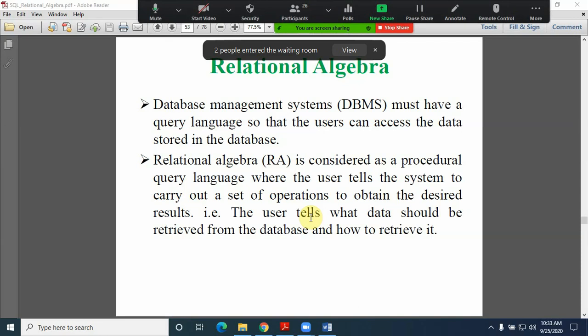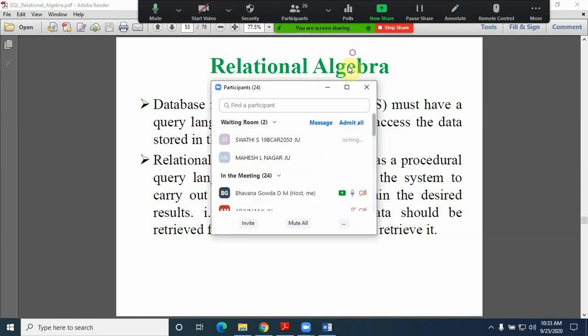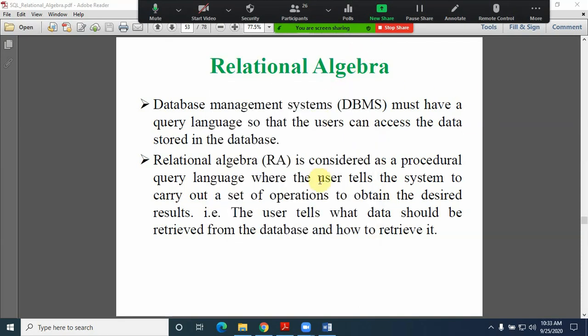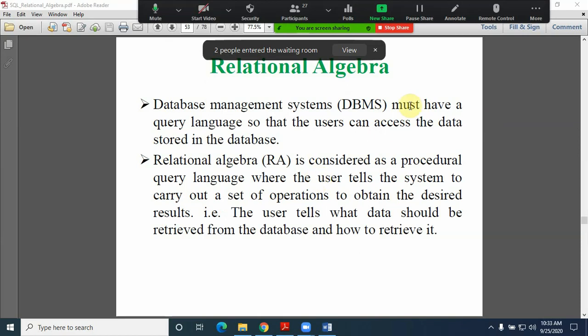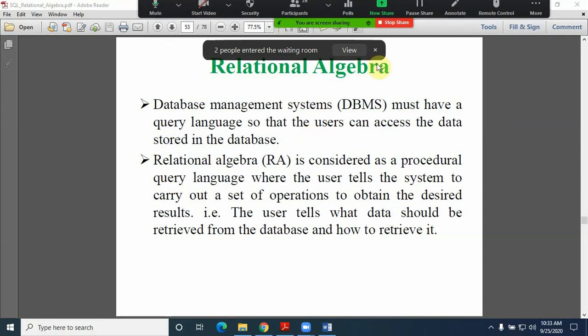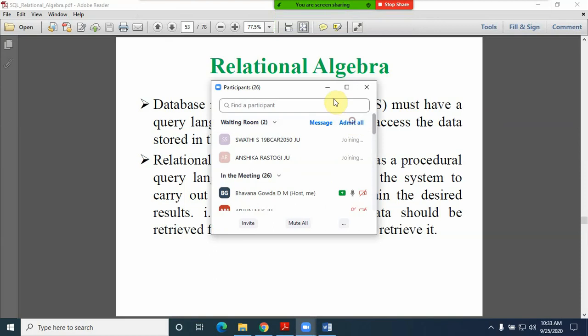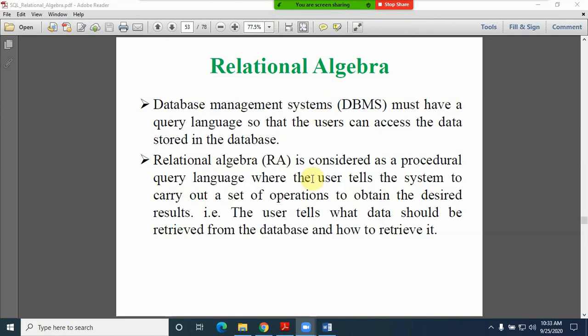We have SQL and PL/SQL, and we do have other methodologies, which are nothing but relational algebra and relational calculus. Out of those, first let me talk about relational algebra.